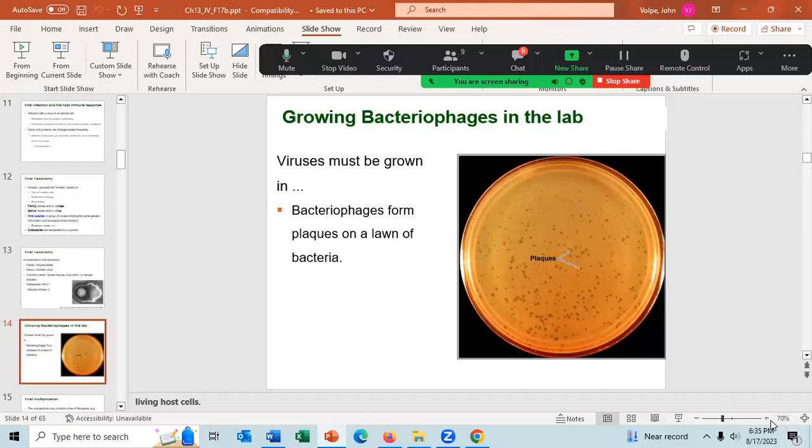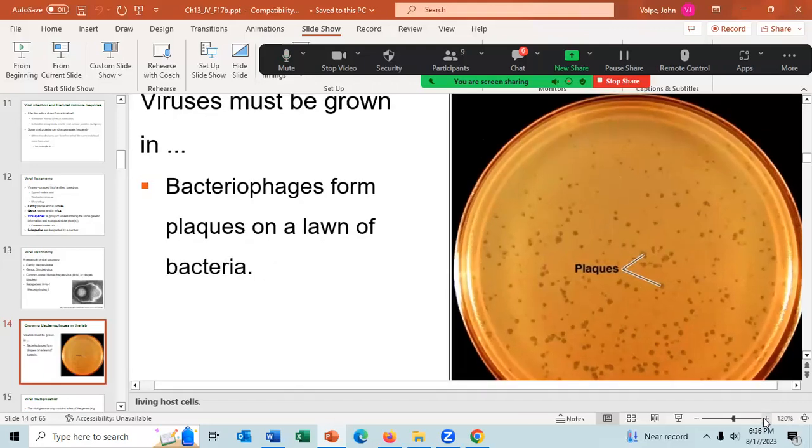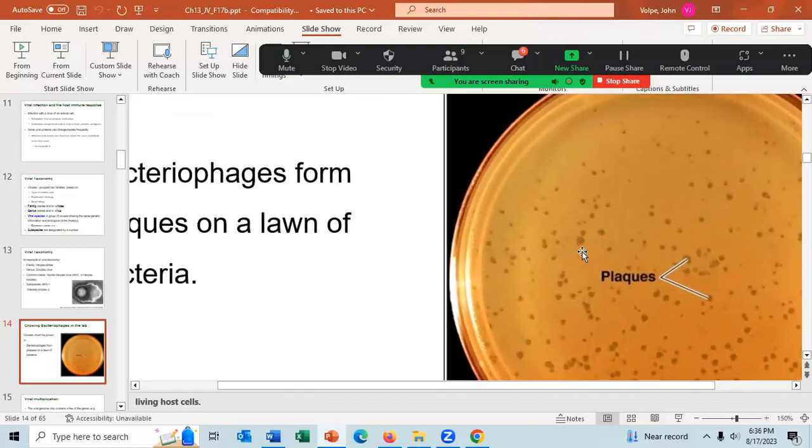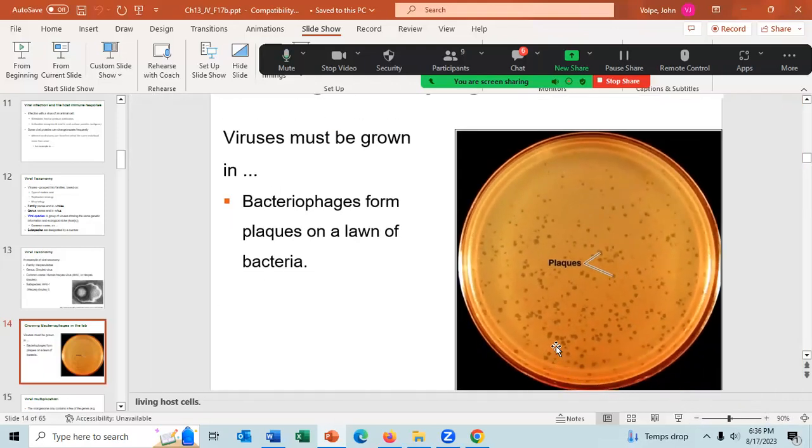And let me blow this up. This off-white or white color is from the bacteria growing everywhere on the plate. The agar itself is the color of these plaques, a darker color. And then after you plate the bacteria, but before you incubate it, you put on a solution containing the virus.